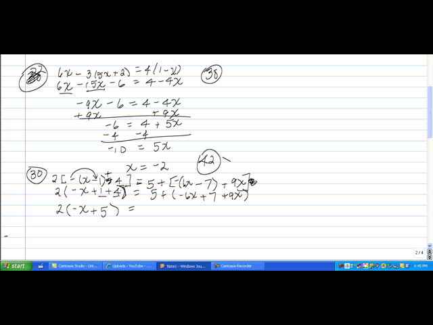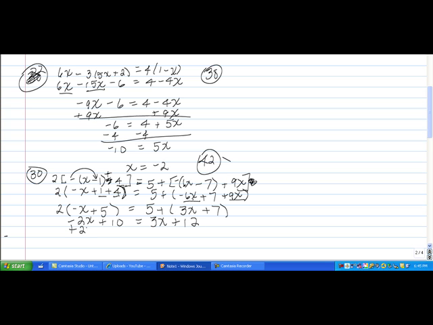So add these, we get a 5. On the right side, negative 6x plus 9x would be 3x plus a 7. So now I'm going to distribute the 2. And here we can just drop the parentheses and we get 3x plus 12.